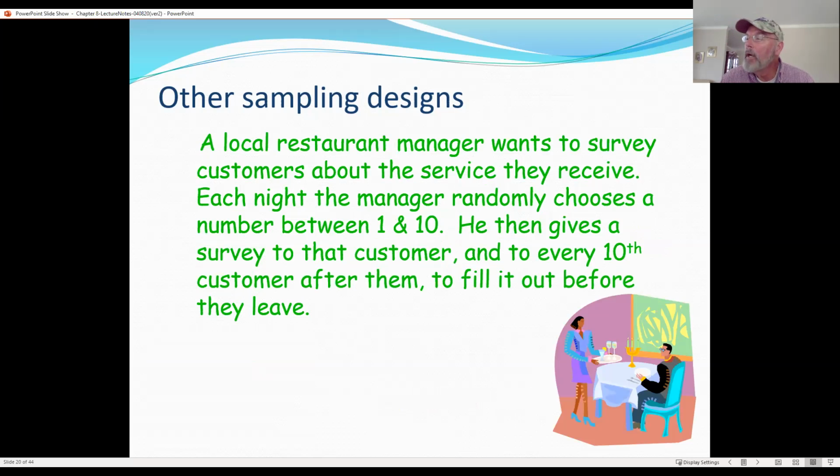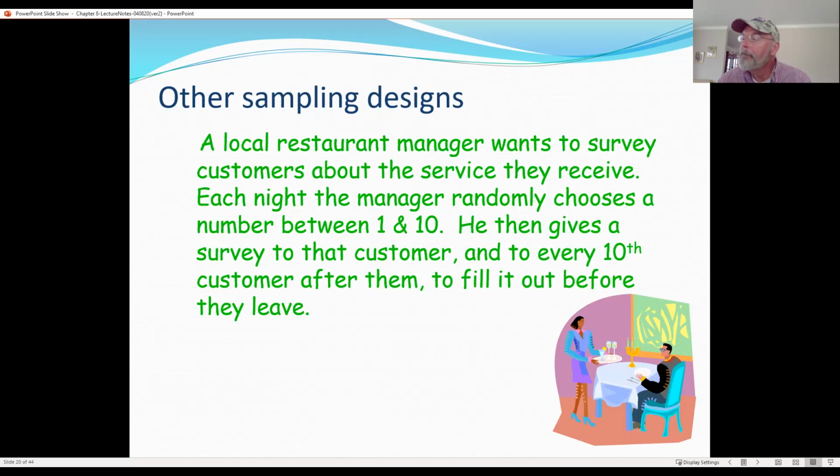So every night the manager randomly chooses a number between 1 and 10, okay? And then takes that number, say it's 7, the seventh person that comes in for a meal is given the survey.